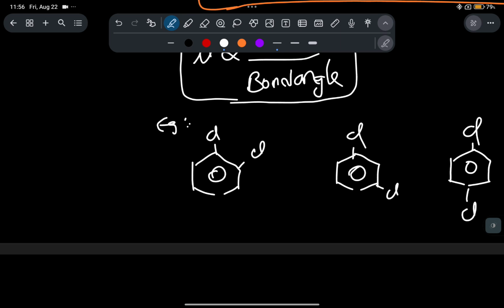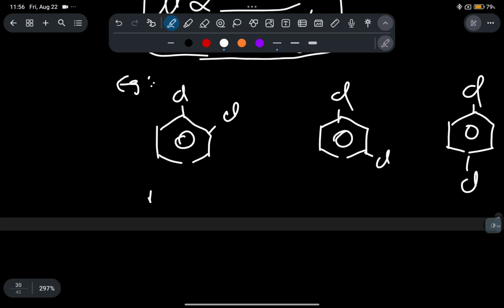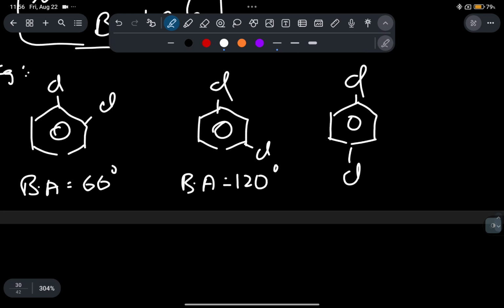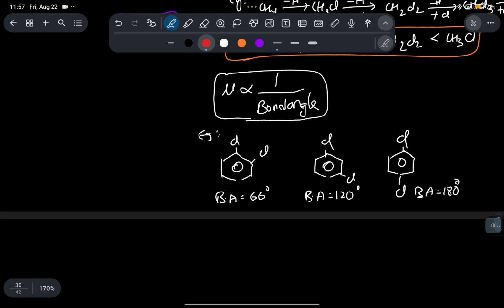If you see here, bond angle is equal to 60 degrees, bond angle is equal to 120 degrees, bond angle is equal to 180 degrees.